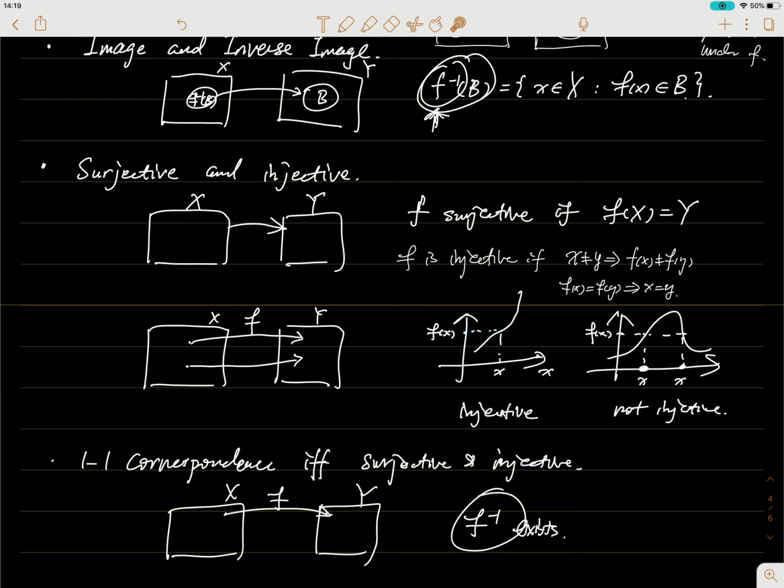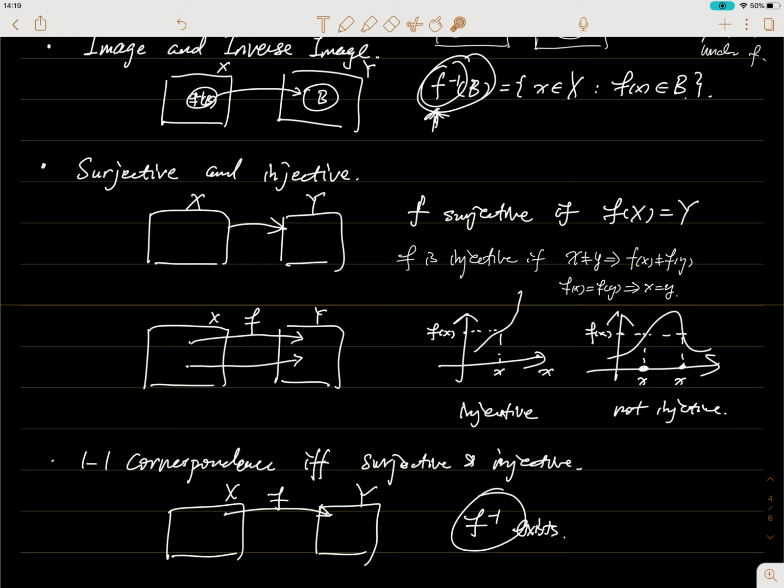And this is different from this example where the function looks like this. You can find some value of f(x) such that it corresponds to more than one point. It corresponds to these two different points. They both have the same function value. So this one is injective, but this one is not injective.